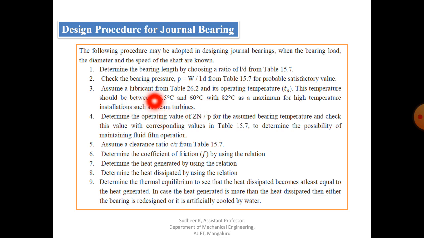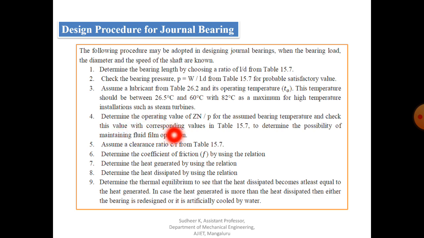Then the third one, assume a lubricant from table 26.2 and its operating temperature T0. This temperature should be between 26.5 degrees and 60 degrees, with 82 degrees as the maximum for high temperature installations such as steam turbines.